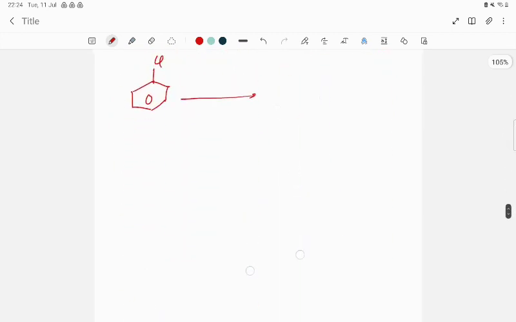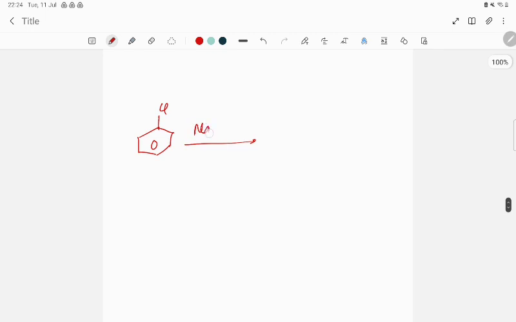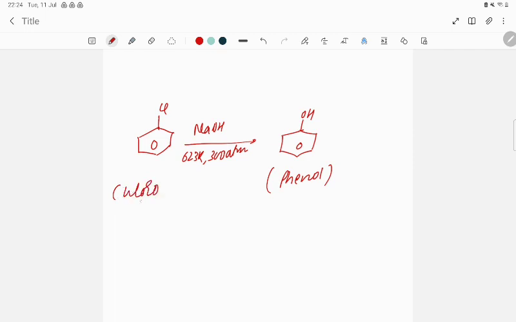Chlorobenzene you are treating with NaOH at 623 Kelvin and 300 atm pressure. So what will be there, student? It is going to give phenol, student. Chlorobenzene, and here is phenol.